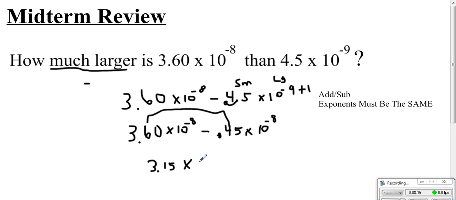That is a good number for scientific notation, because remember, the number in scientific notation has to be between 1 and 10. And that is a good number. So that's how much larger. Okay, and we're going to leave our number in scientific notation.